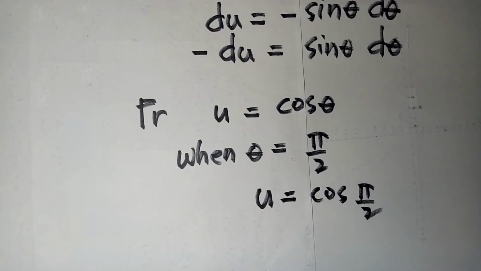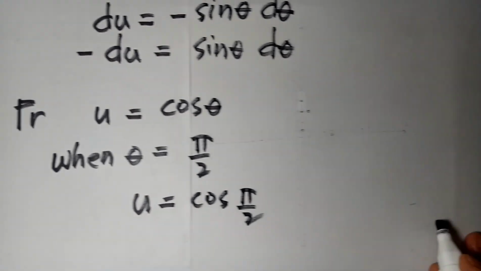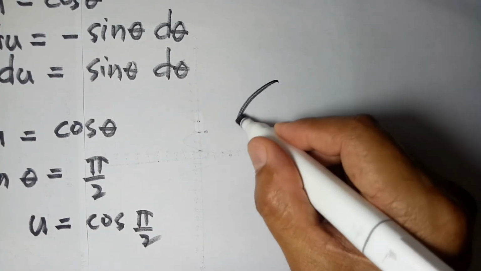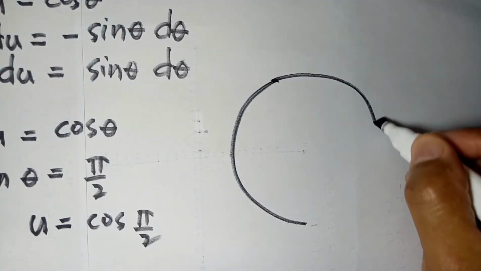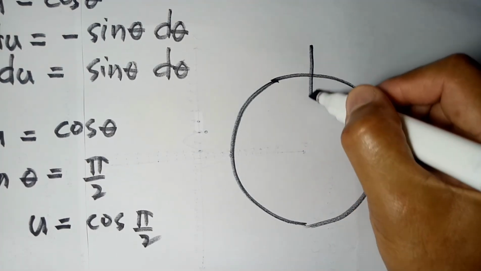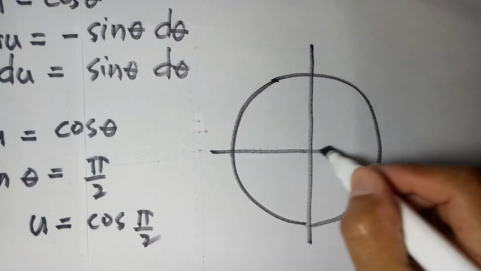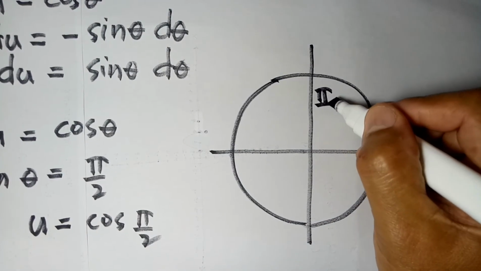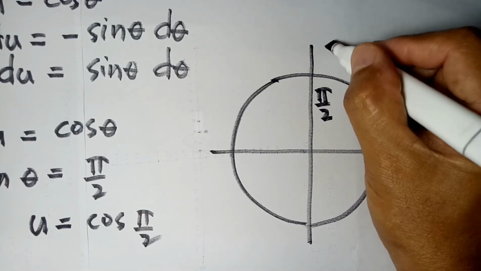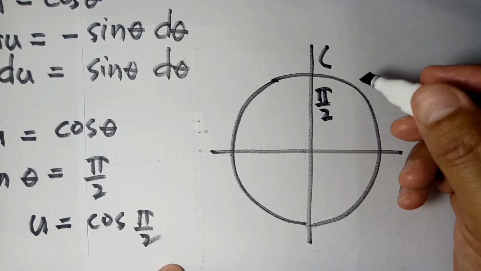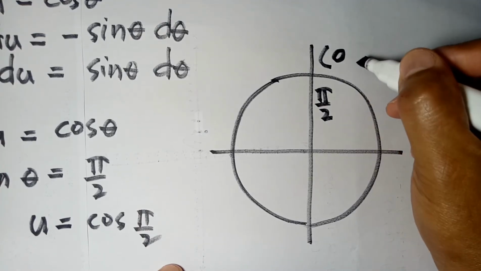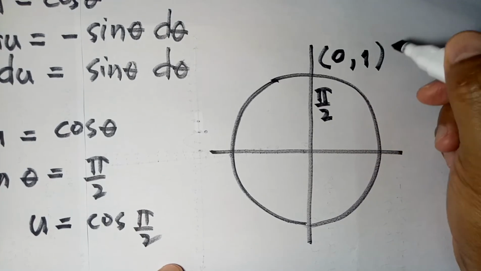So, let us draw the unit circle. So, nandito yung pi over 2. At ang coordinates natin dito ay x ay 0, ang y ay 1.